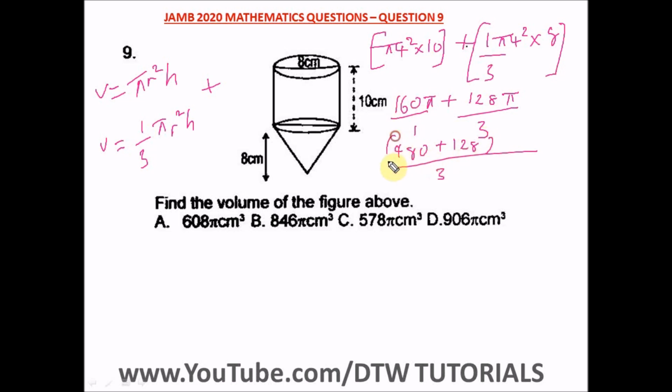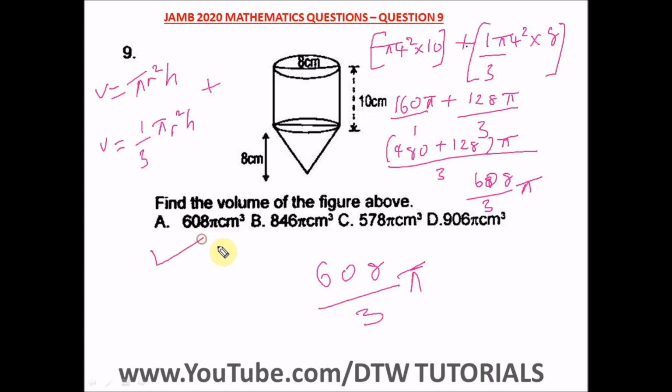Don't forget that they are all in pi. So if I add this 480 plus 128, I'm left with 608 over 3 pi. So our answer is 608 all over 3 pi. Eventually our answer is not in the options, but A looks a little bit closer to what we have here.